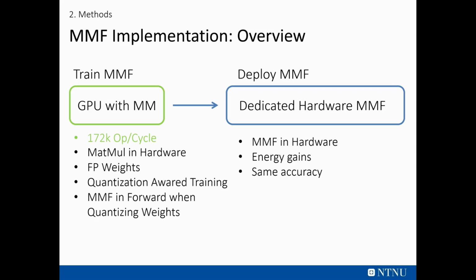So, as an overview, in reality, we are training the matmul3 model in the GPU by using matrix multiplications, but the real matrix multiplication free comes in the hardware, when the matmul3 model is mapped into the dedicated hardware. So this is when the energy gains come, but the accuracy is the same in both.